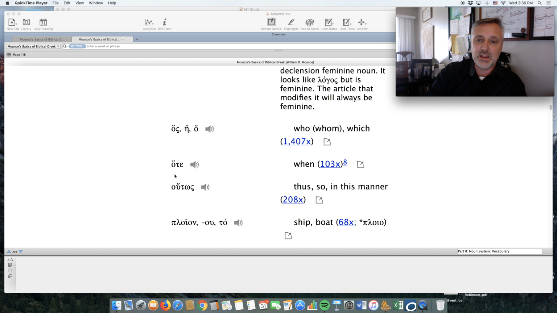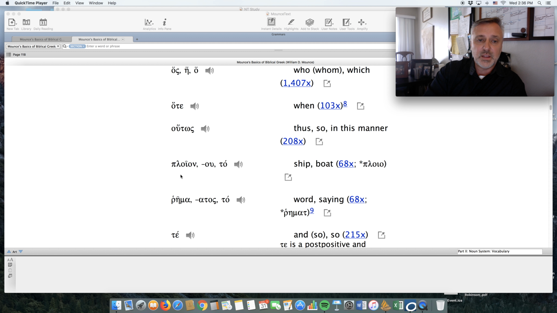This is hote, which is when. Okay, here we go. Houtos means thus, so, or in this manner. This is not the demonstrative pronoun houtos, meaning this or these. This is houtos, which means thus, so, or in this manner. It's a conjunction.